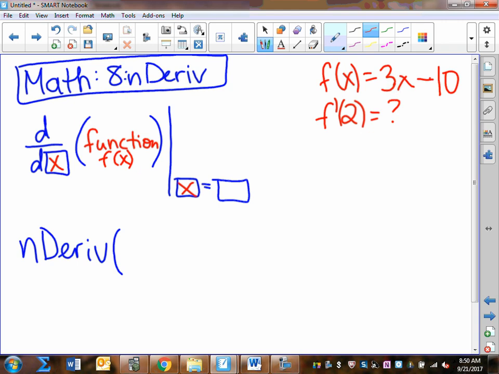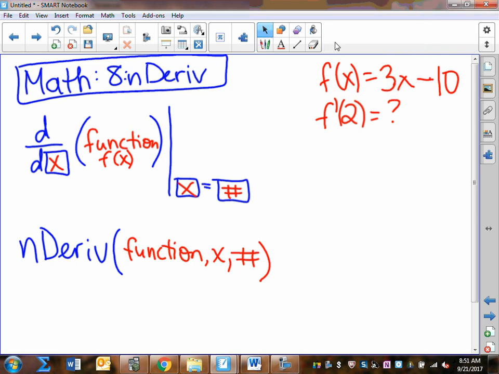So what we put in here then is our variable, which would be x. We put in our function, which is 3x minus 10. Our variable is x, and I think it might actually fill it in for you once you put an x here. And then we're looking specifically at 2. For those of us that have the old update, you want to first put in your function, then your variable, so x, then that number that we're looking at.